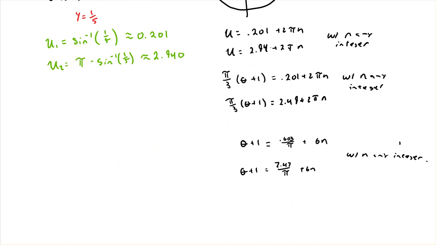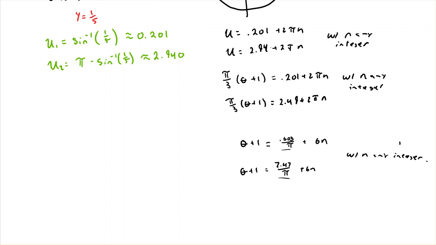Now, in the end, I usually get rid of my pi's in these first terms here. I'll only leave pi's in the plus 6n part if they were going to exist there. But I'm going to wait to get rid of the pi's and then approximate one more time until I've subtracted the 1 off of both sides, because the only thing I'm subtracting 1 off of is these first two values here.